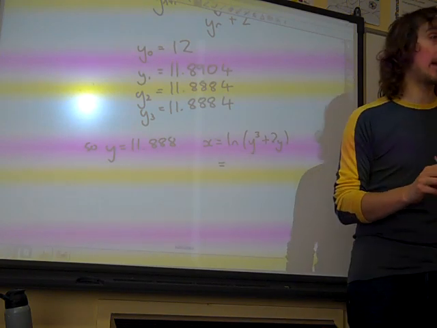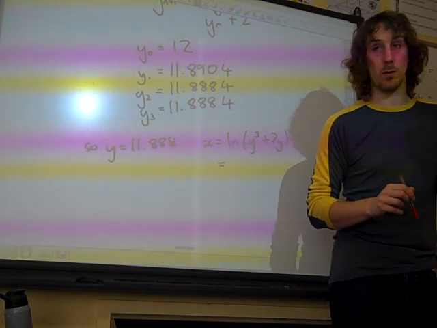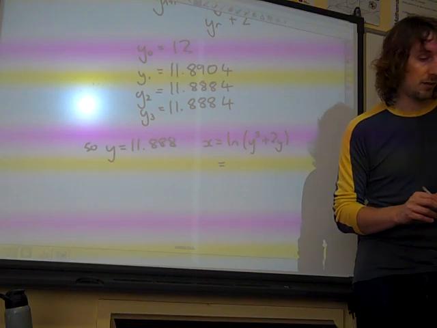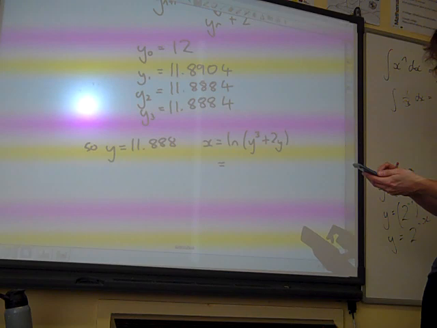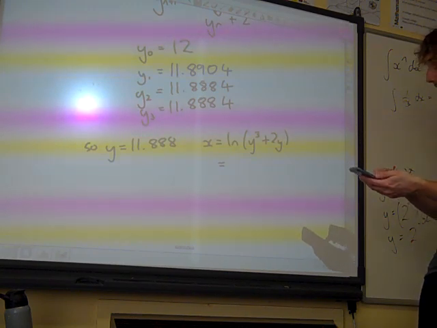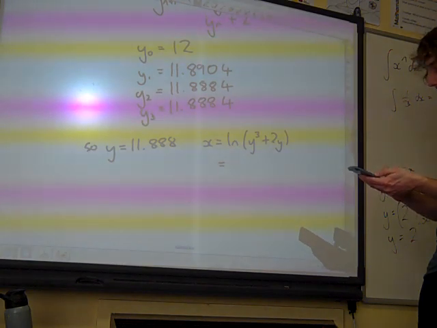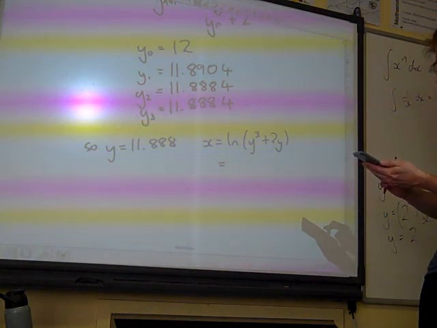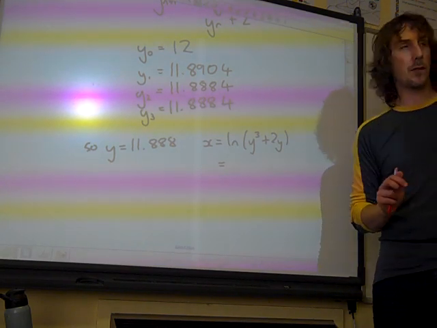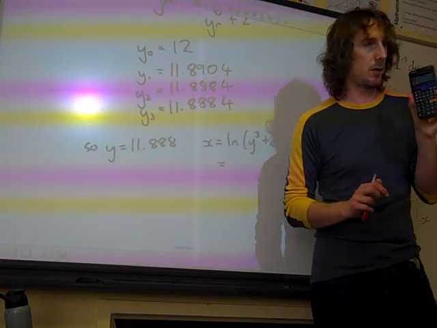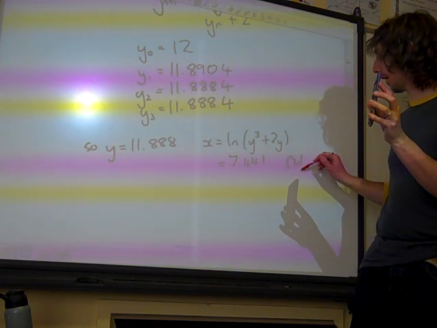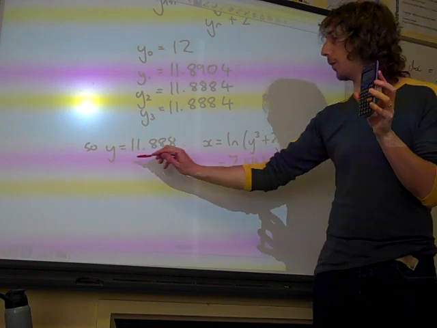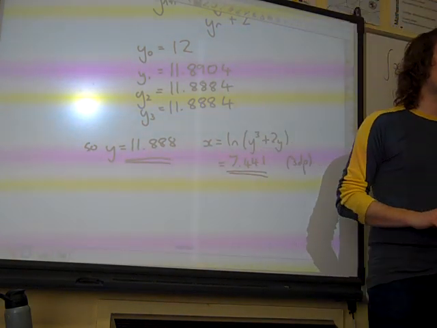So now we're just going to take that number that's on the screen, or even just the 11.888 number, sub it into there, and it gives us natural log of that answer, and I've got 7.4407, so to 3 decimal places I need to put down 7.441 as my x coordinate.